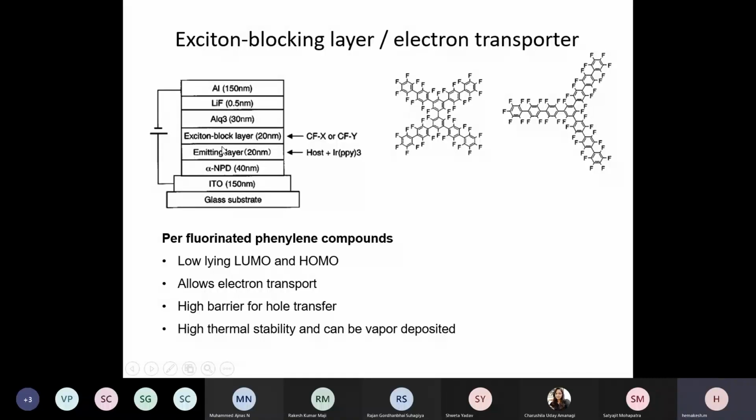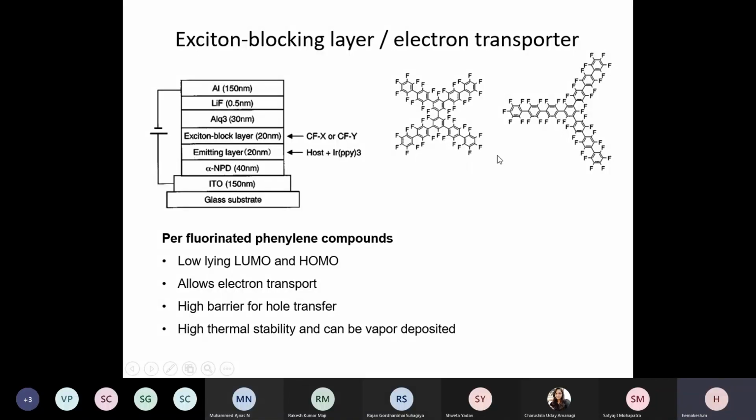Otherwise, the hole might escape to the negative side too quickly. So that's what it is doing by making a barrier and controlling the transfer of holes, and that allows for a higher lifetime for the exciton. And when that happens, the chances of radiative recombination is improved.